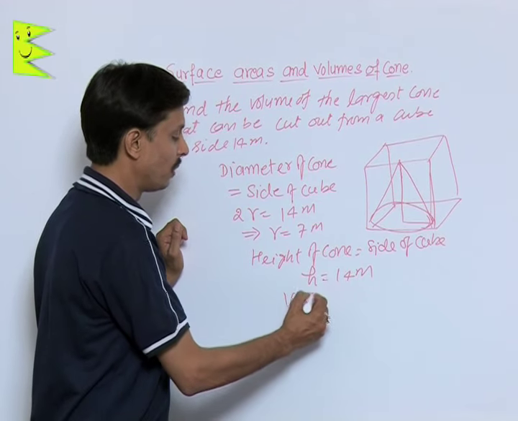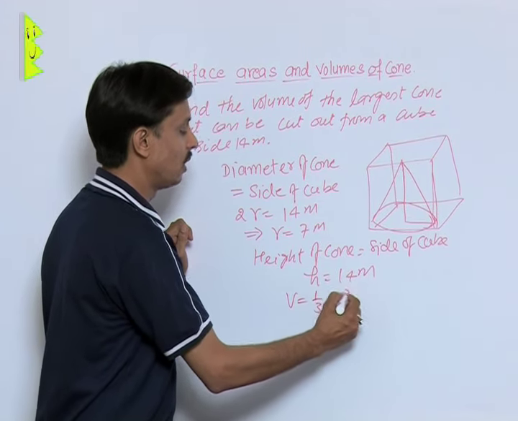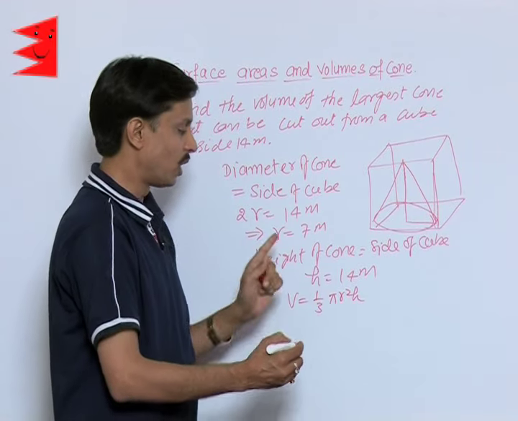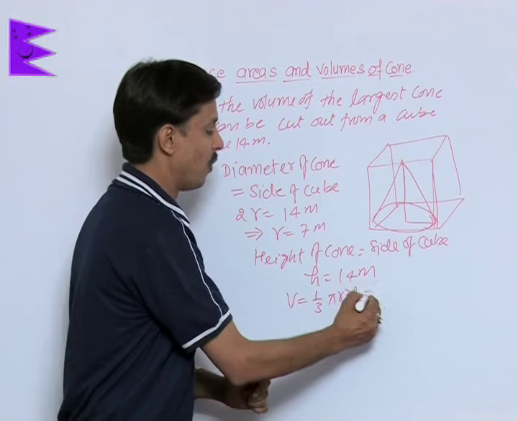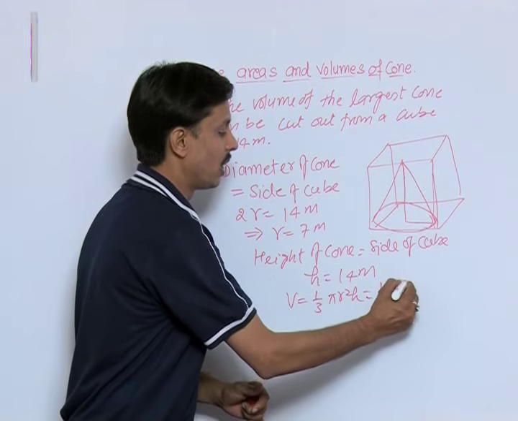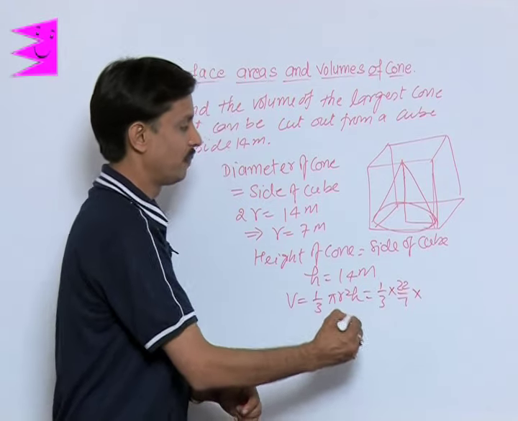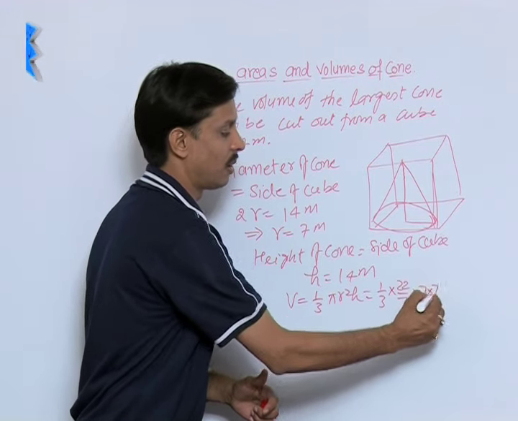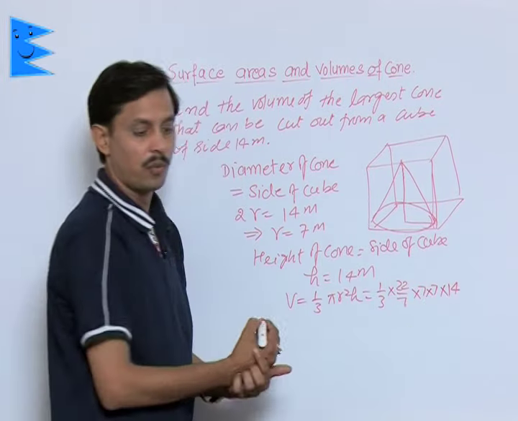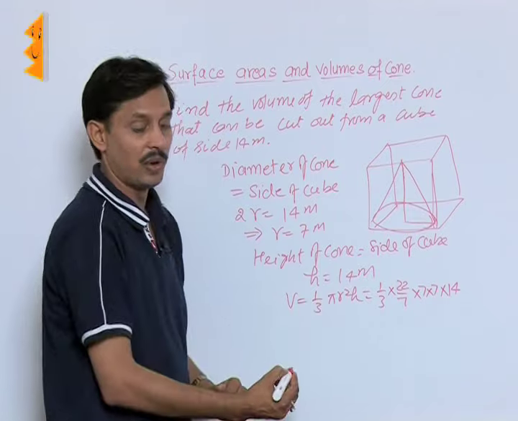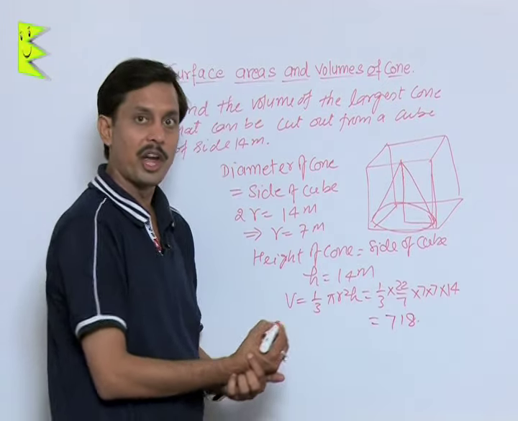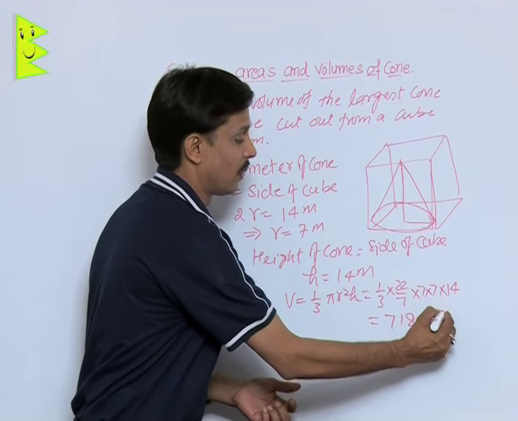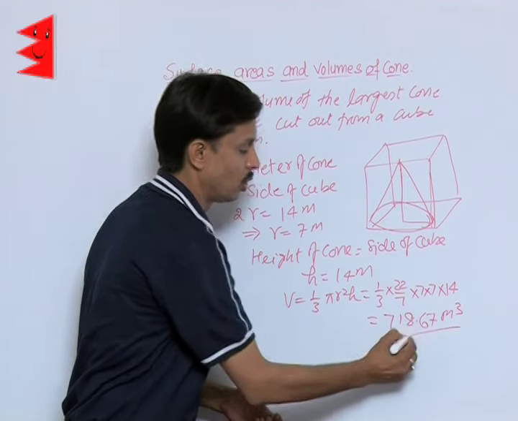Volume is equal to 1 by 3 pi r square h. Volume of cone, 1 by 3 pi r square h, becomes 1 by 3 into 22 by 7 into r square, means 7 by 7, into height 14. After simplification, this becomes 718.67 meter cube.